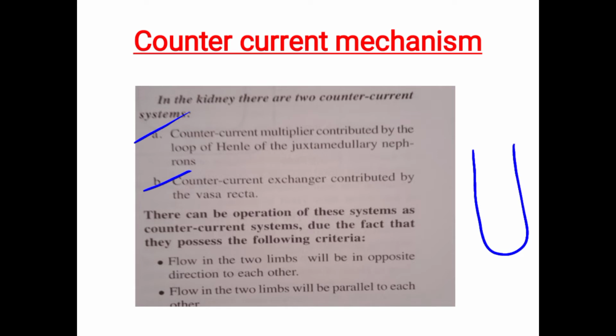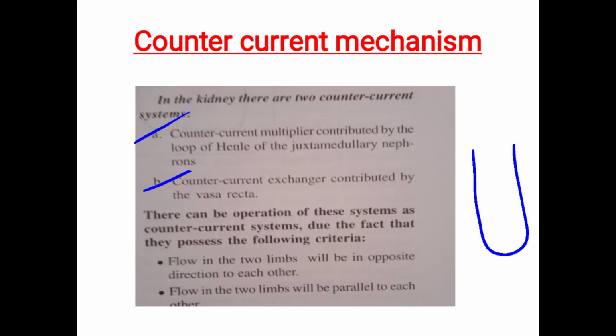This is the loop of Henle, which mainly helps in concentration of urine. So only the juxtamedullary nephrons are involved in concentration of urine. The next one is the counter current exchanger.